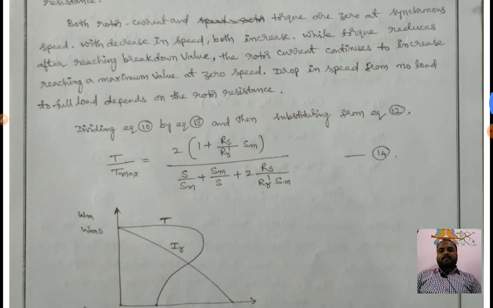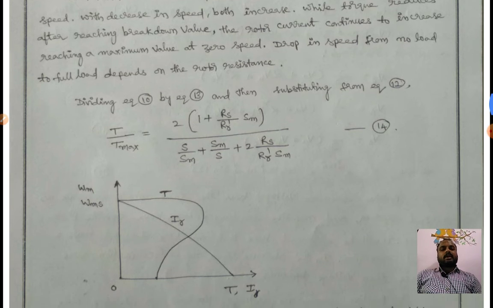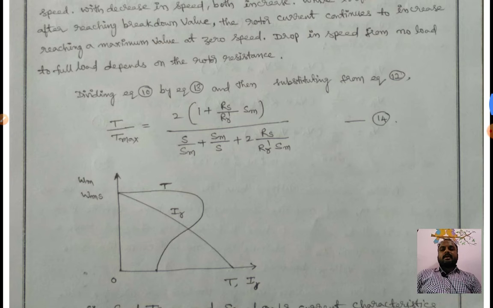Next one, with decreasing speed, both increase, while torque reduces after reaching the breakdown value. The rotor current continues to increase and reaches a maximum value at 0 speed.